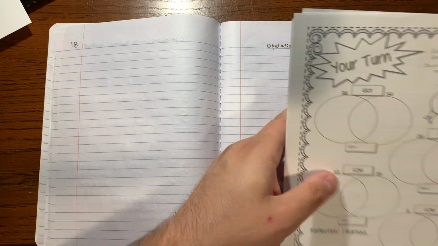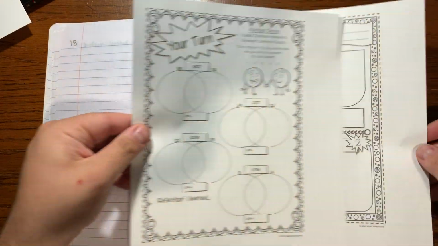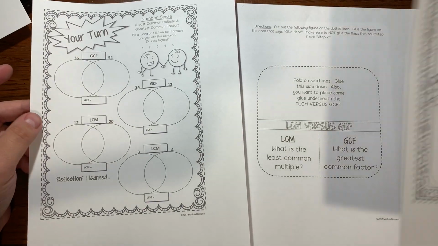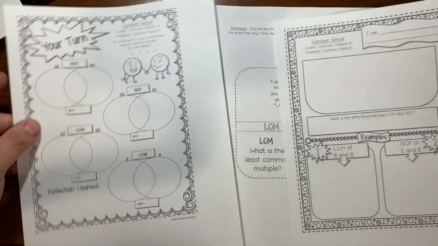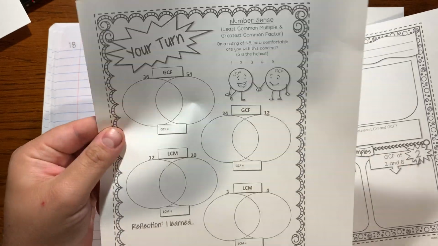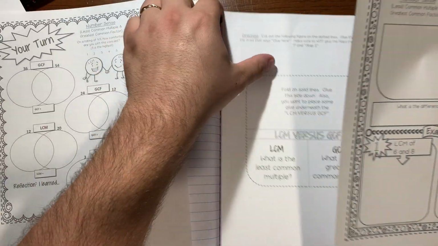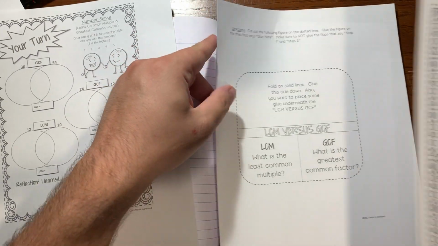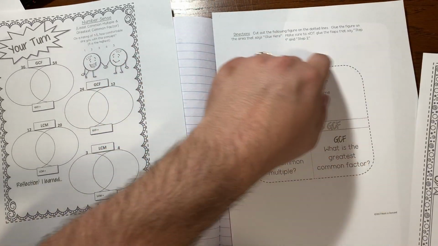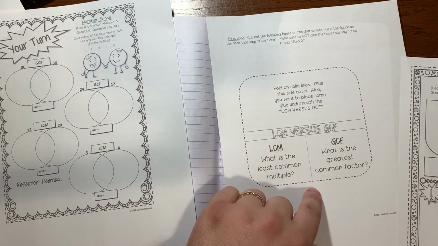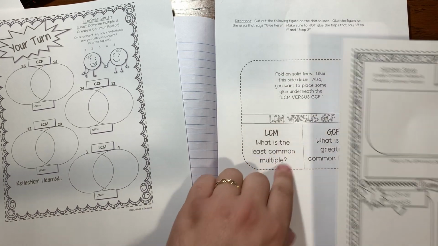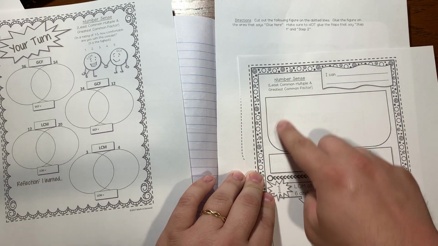For this first video, you should have in this packet these 3 pieces of paper. This one is an on your own, that's going to go on the left side, and then these both kind of go together. So first you're going to cut this out, and then cut on that line as well, and we're going to fold it, and it's going to end up being glued on here.